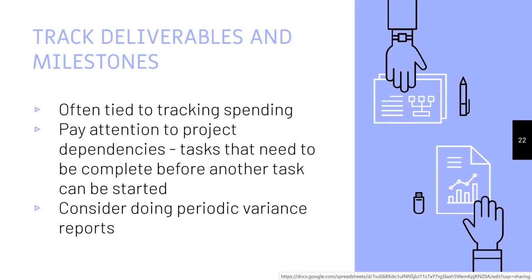Variance reports are summaries, on a monthly basis for example, of how you're doing with regard to staying on schedule and on certain deliverables that you decided should be delivered or completed at a certain time.